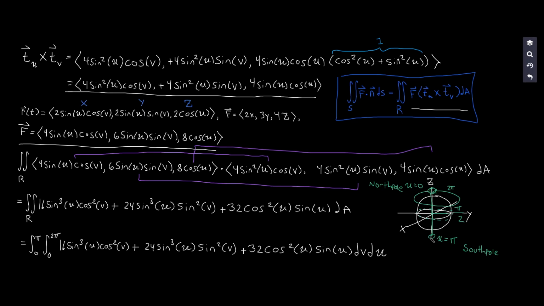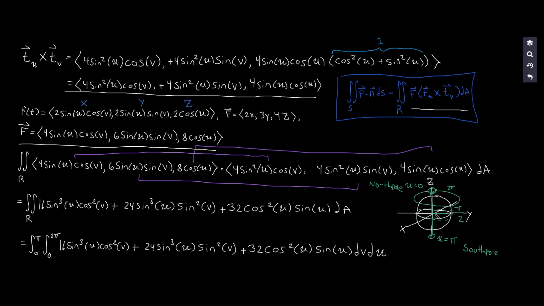It's not responsible for a full rotation. The azimuthal angle is responsible for a full rotation. If you let u go all the way to 2 pi, you would sweep past the North Pole, and you would go back up to the z-axis. And now you would just duplicate the entire sphere a second time, right?